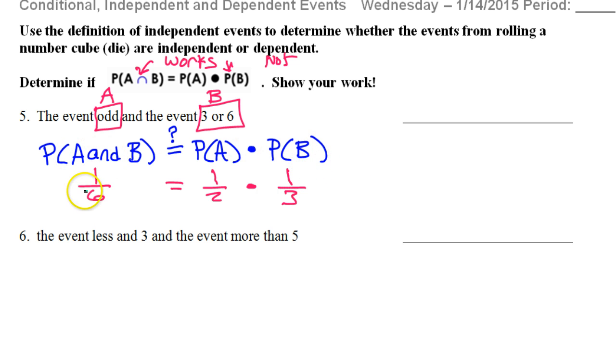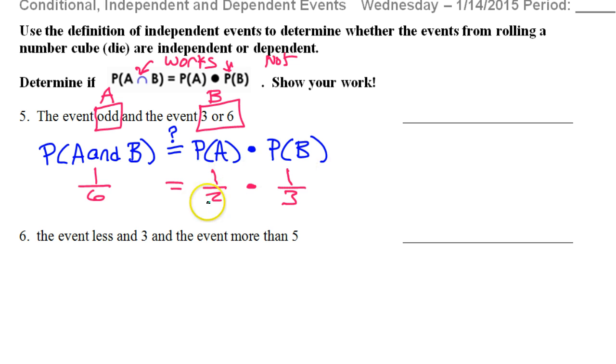So we filled in each of the parts of this formula: the probability of A and B, the probability of A, and the probability of B. Now we're supposed to check this formula and see if it actually works. If so, then we'll declare these events independent. So does 1/2 times 1/3 equal 1/6?